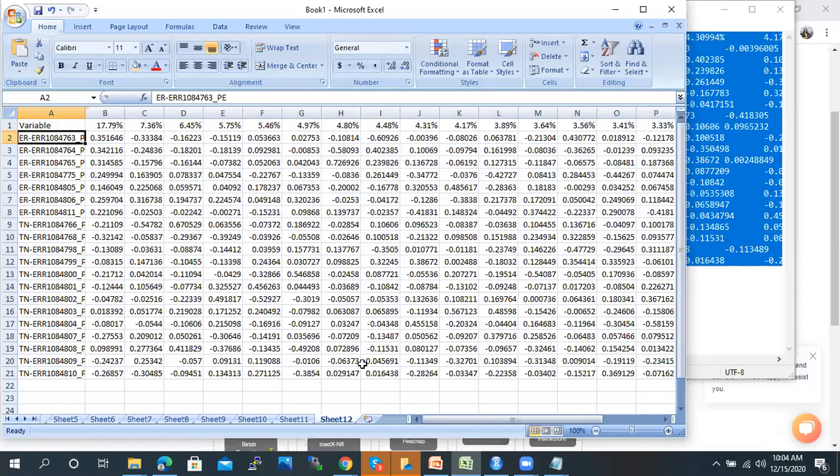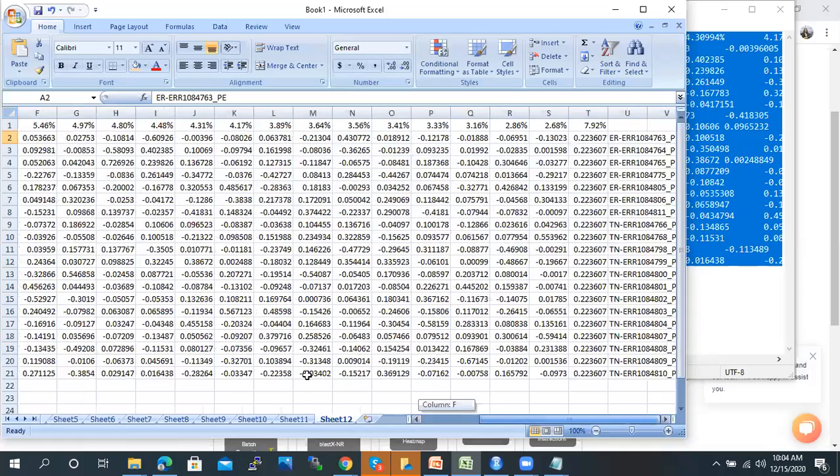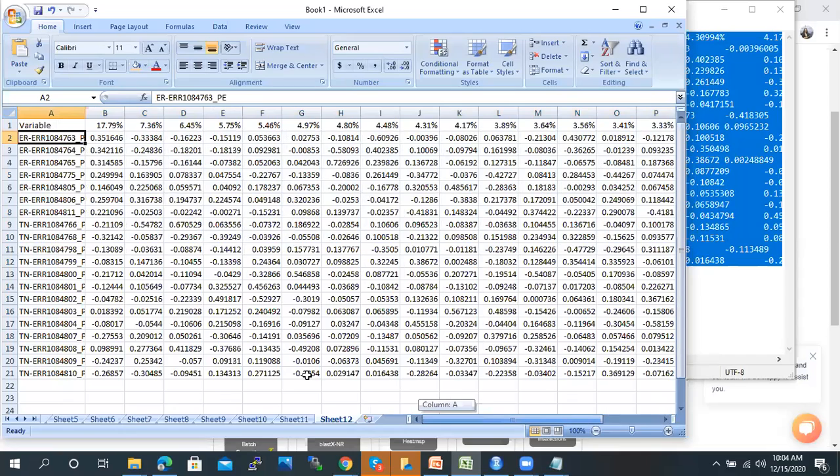From thousands of genes we have reduced to about 10 or 15 components, right? This is what dimensionality reduction means. So how can we visualize our data using these components?